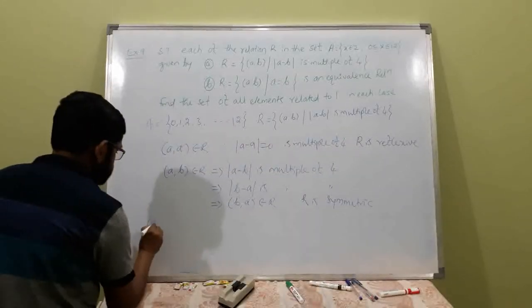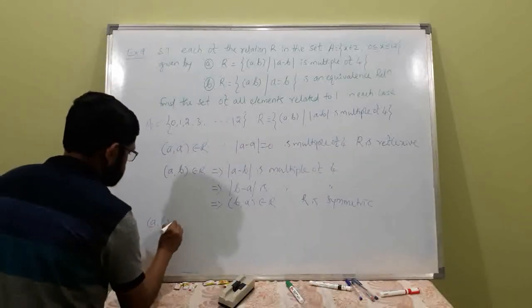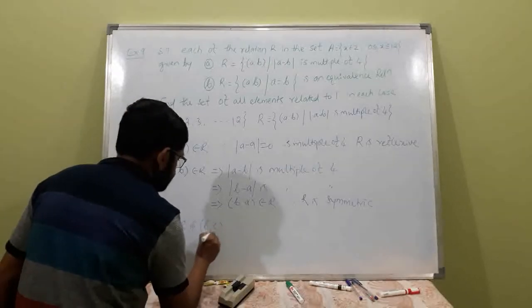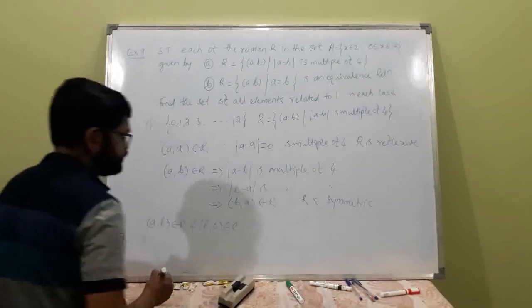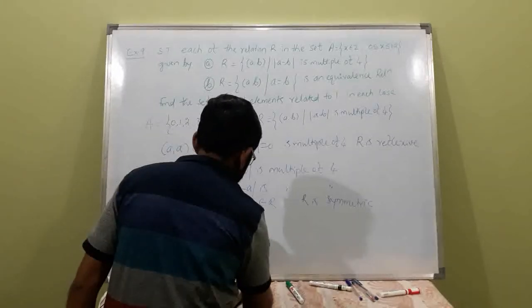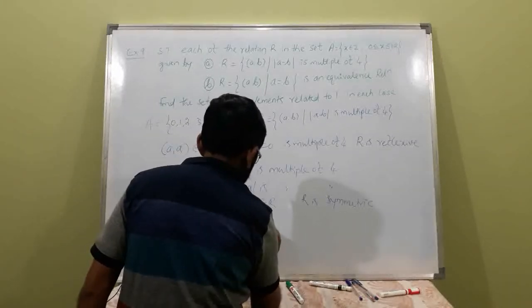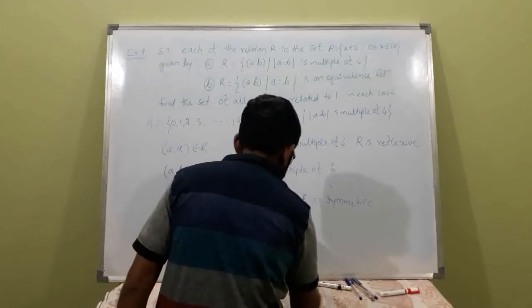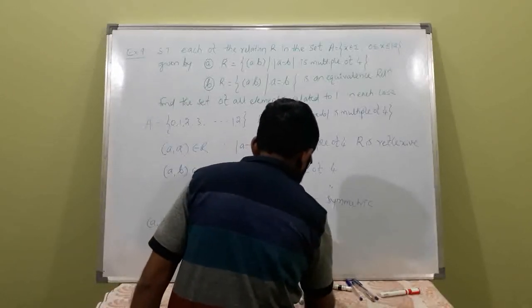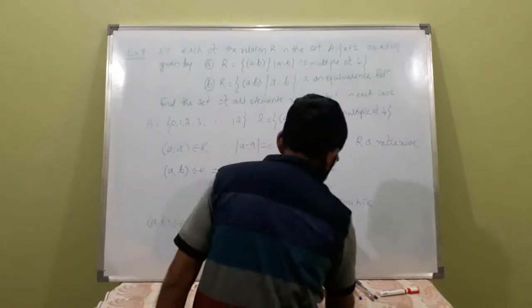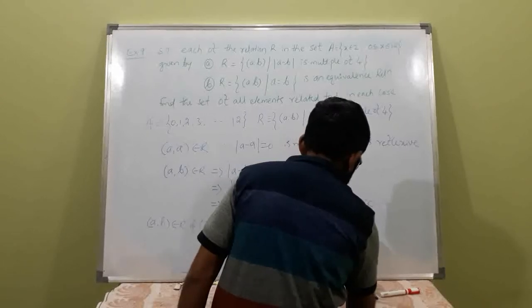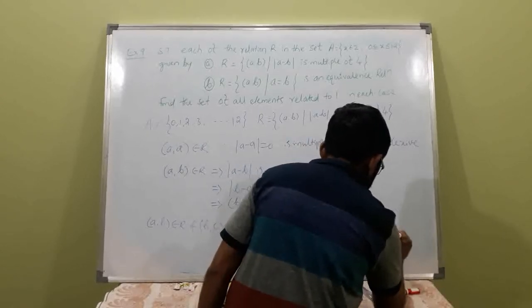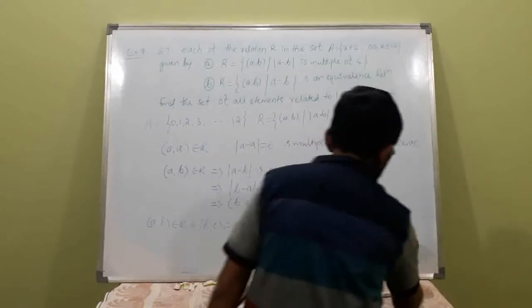(a, b) belongs to R and (b, c) belongs to R implies a minus b and b minus c under modulus are multiples of 4.